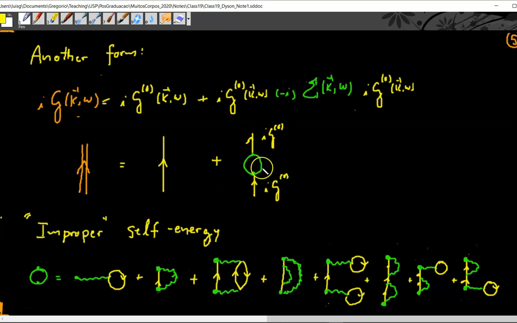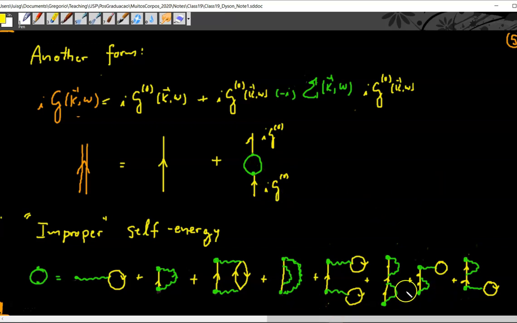This has to include all interaction diagrams, both the irreducible, like these ones, but also the reducible ones too. So that with that I recover my original series.